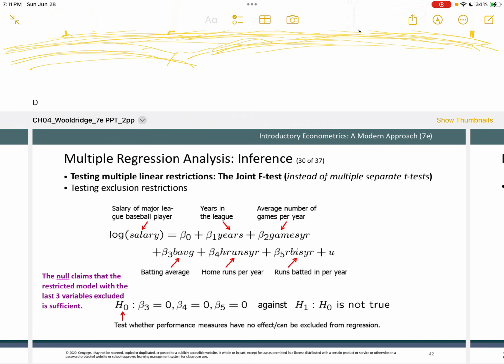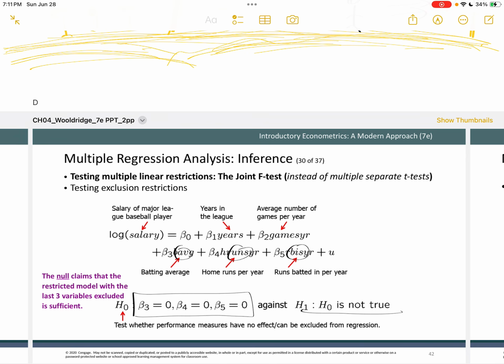Okay, moving along, we could do a joint test instead of multiple separate t-tests, right? Here, the null is saying that a sparse regression would have done the job, and the alternative is saying the original regression was fine.